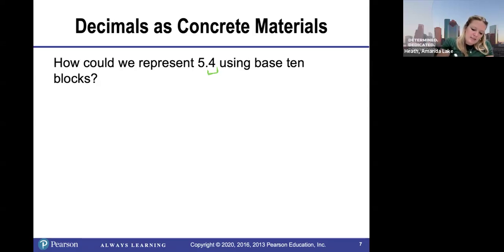So I need to let the small block represent our tenths, or 1/10, which is the same thing as 0.1.